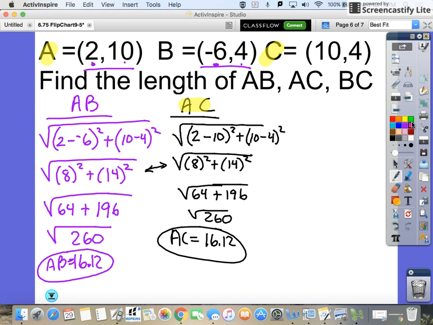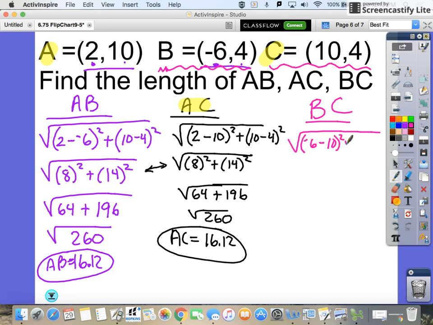And then last, we're going to do BC. So we've got to use this one and this one. -6 minus 10 squared plus 4 minus 4 squared. -16 in parentheses squared, otherwise it's going to mess things up. And 4 minus 4 is 0.